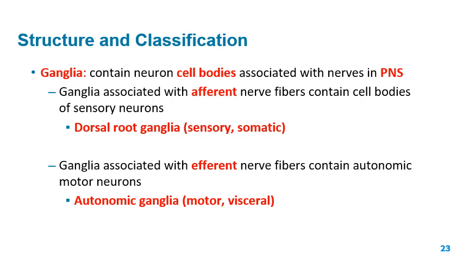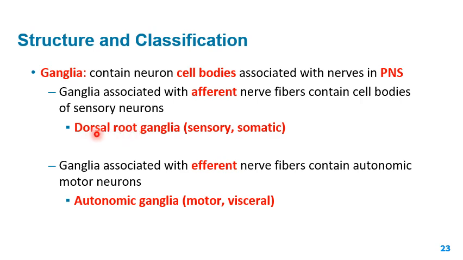All right, so here we are putting more things together based on what we have already learned before. When you're talking about ganglia, you're talking about cell bodies that are in the peripheral nervous system. When you are referring to ganglia, those are going to be part of neurons that are afferent, so they're coming from the periphery going to the brain. For example, in the spinal cord you have what you call dorsal root ganglia.